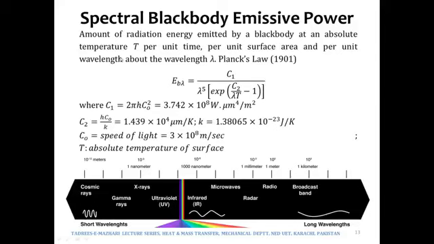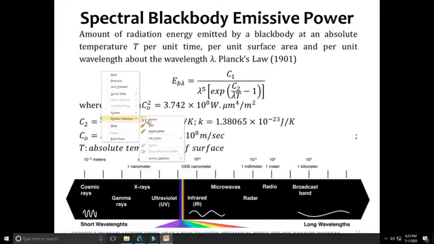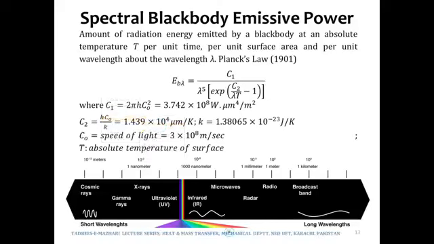Now let's take a look at the definition. The definition says that spectral body emissive power, so it would be a type of emissive power, is the amount of radiation energy emitted by a black body at an absolute temperature T per unit of time. So energy per unit time would make it watts.